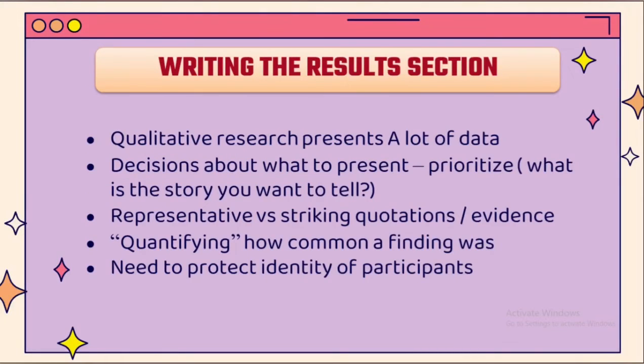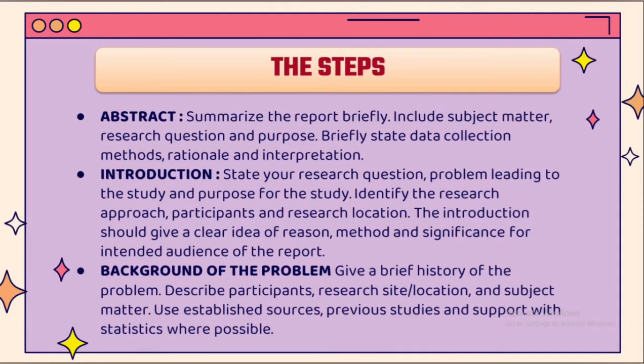In writing the results section, we have to know that qualitative research presents a lot of data, decisions about what to present, representative versus striking quotations or evidence, quantifying how common a finding was, and the need to protect the identity of participants. And finally, I'm going to explain about the steps of writing the qualitative research report.